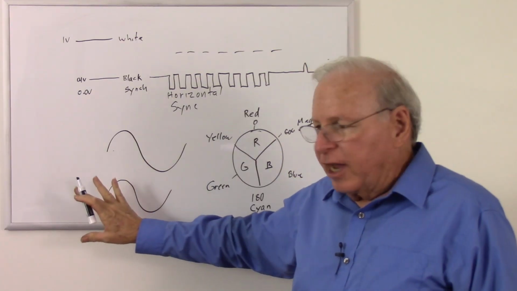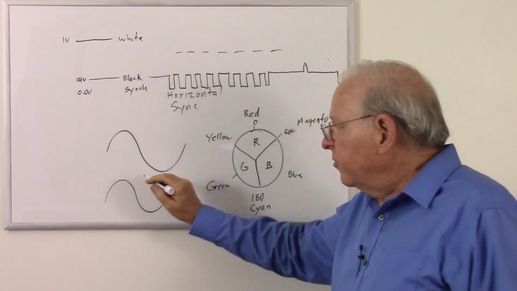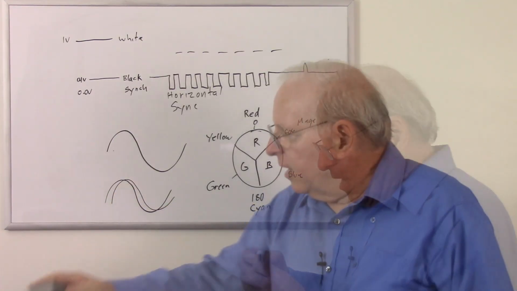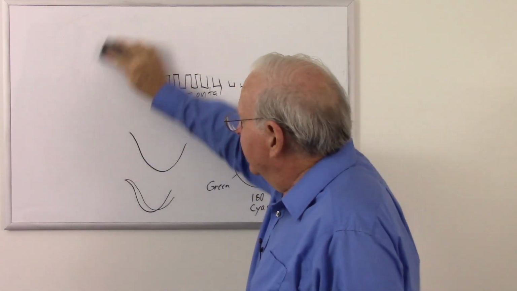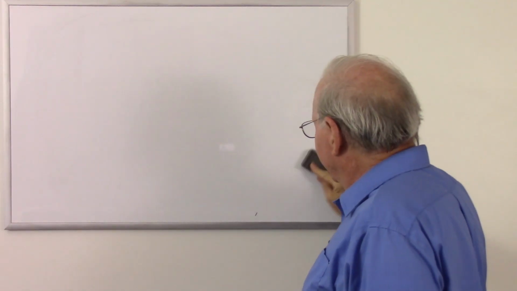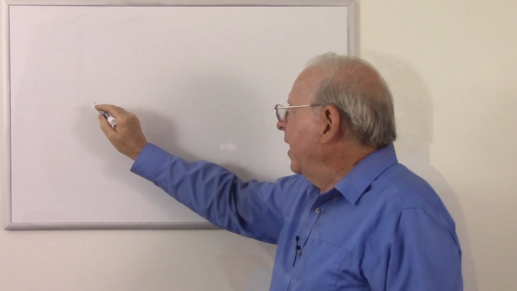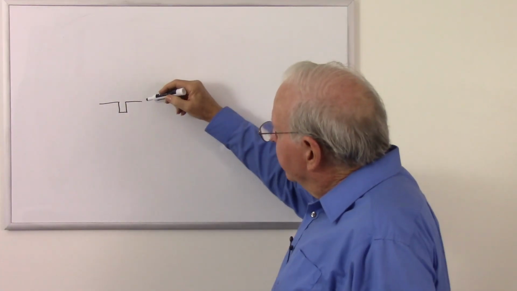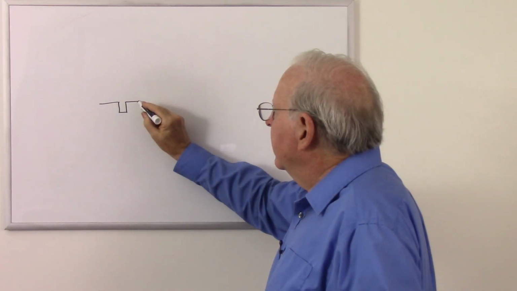So there's a master sine wave that gives us our 0 degrees, and then we make our color a phase shift. This gets pretty complicated. But now we have our horizontal sync. And then instead of sending just a voltage, we're going to send that sine wave.